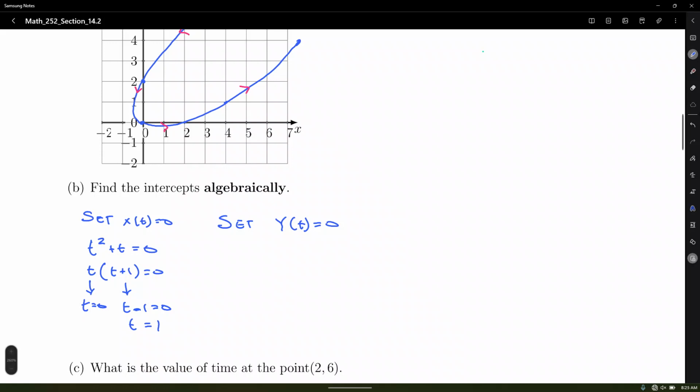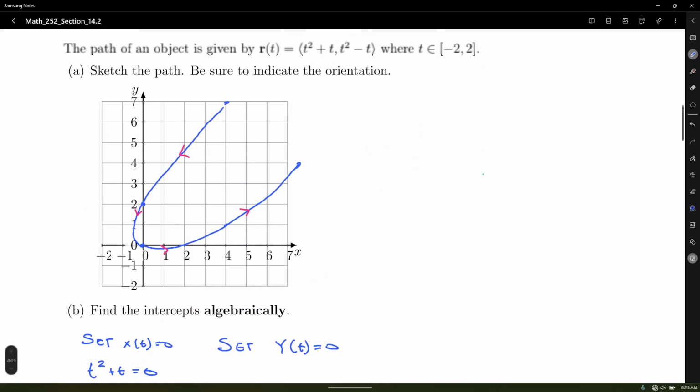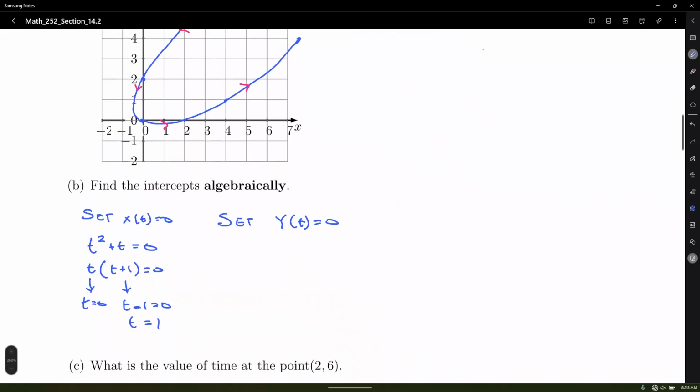All right, now let's find the x-intercept. That is by setting the y equal to 0. Well, the y equation, which is t squared minus t, set it equal to 0. Again, solve this polynomial equation by factoring, t times t minus 1 this time.